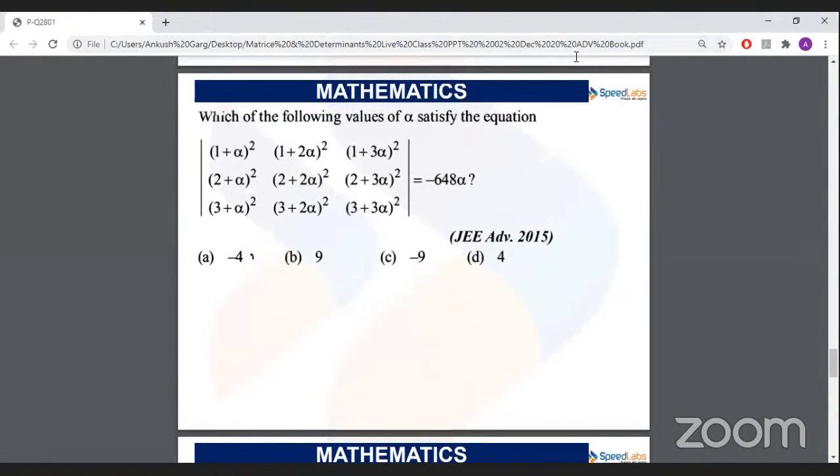दिस वाज अ गुड क्वेश्चन, ये एक अच्छा क्वेश्चन आया था JEE Advanced 15 में. So try this question, guys, and just tell me if you're getting it, just tell me the concept, how you can find the value of alpha over here. Okay. So first try to see the question, how you will start.